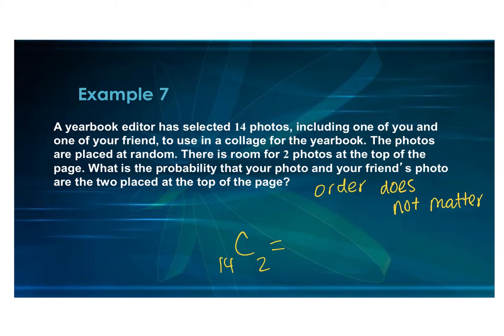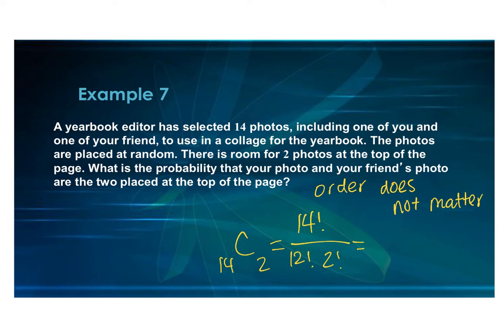So we're going to put 14 factorial on the top over what goes in the denominator? 2 factorial and 14 minus 2 factorial, which is 12 factorial. Do you guys see that? I did 14 minus 2, which gave me 12 factorial, and I added my r, which is 2 factorial, okay?